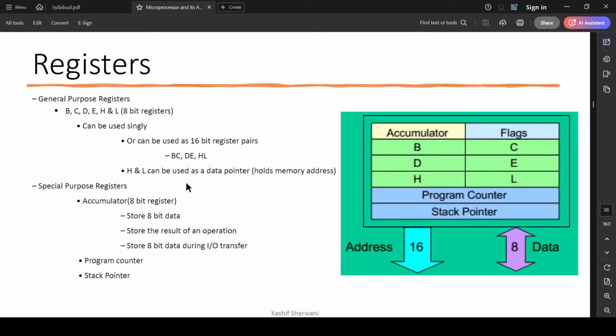We do not have A. We start from B, C, D, E, H, and L. All of them are 8-bit registers. These are general purpose, you can use them on a general basis. So let's write general purpose registers, guys: B, C, D, E, H, L.